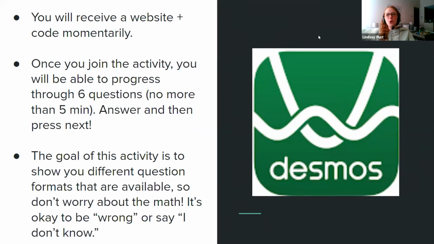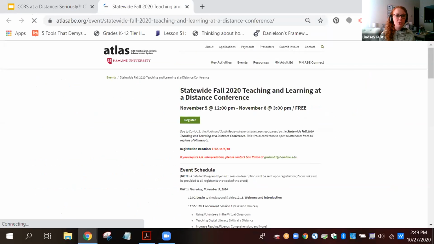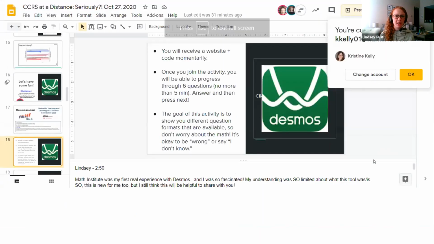There are some math questions on here, and the goal is not to be right or figure out all the math, but just to give you examples of question types that you might ask with your students. And some of these prompts are check-in prompts. So some of them you can use. It doesn't have to be a math classroom to use these. So you can just answer, you can say, I don't know, and then you can move on so you can see the different types. So if you go to the next slide, you will then go to student.desmos.com.